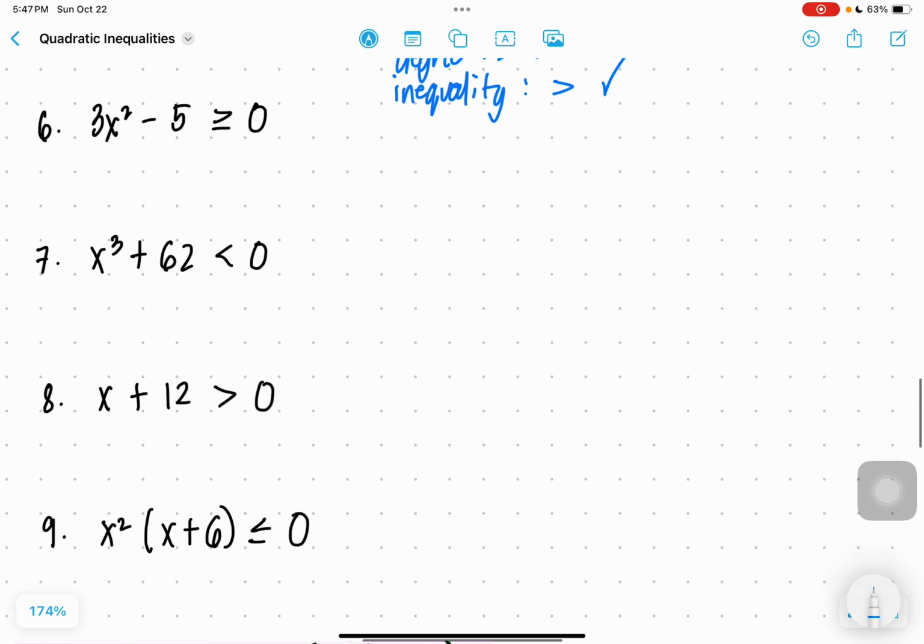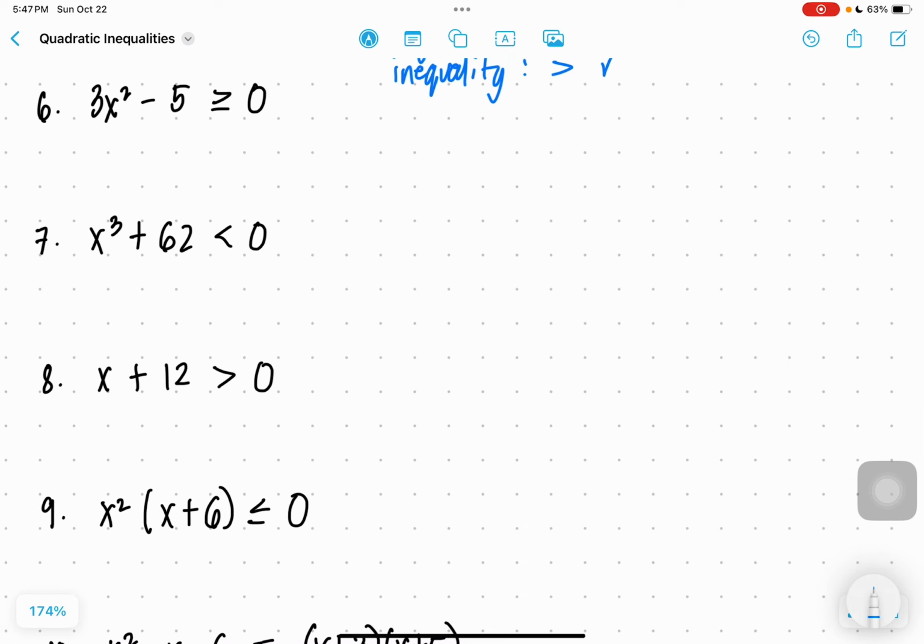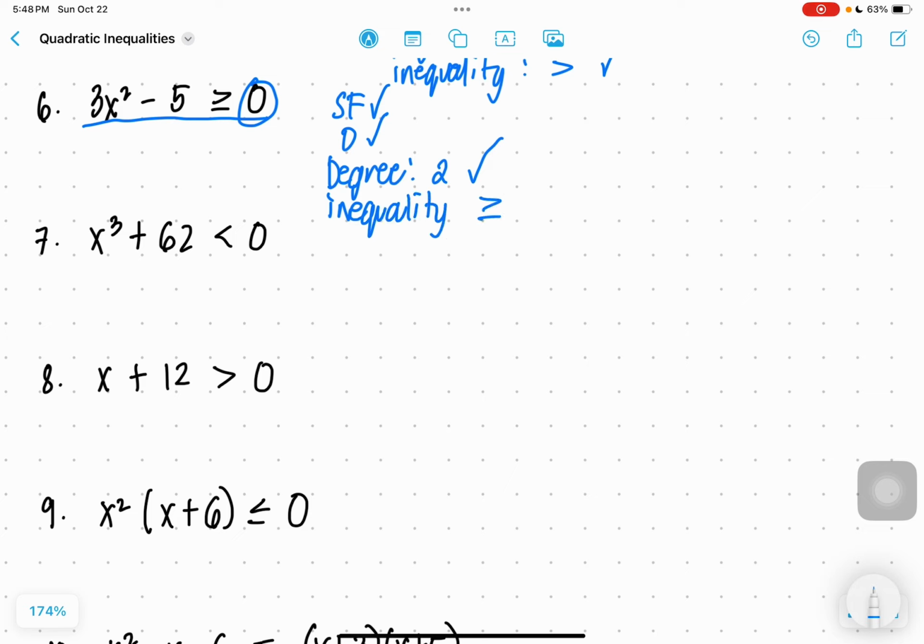Number 6, ganun din. Kung makikita po natin, naka-standard form na siya. Naka-equate kay 0. Degree niya ay 2. And may inequality tayo na greater than or equal to. So, therefore, number 6 is a quadratic inequality.